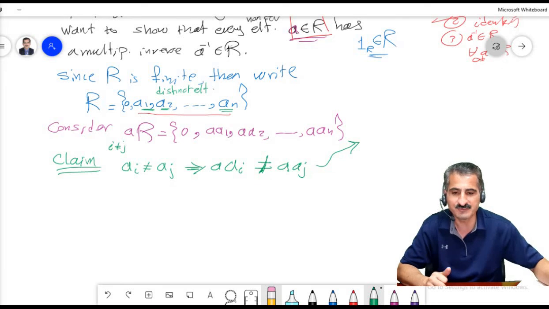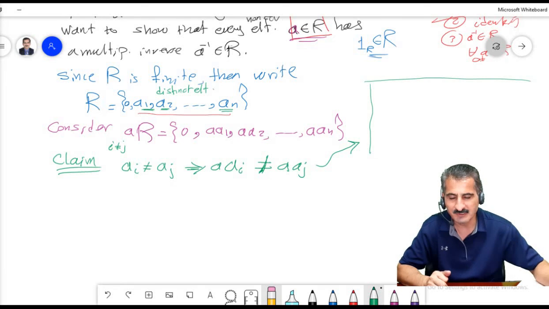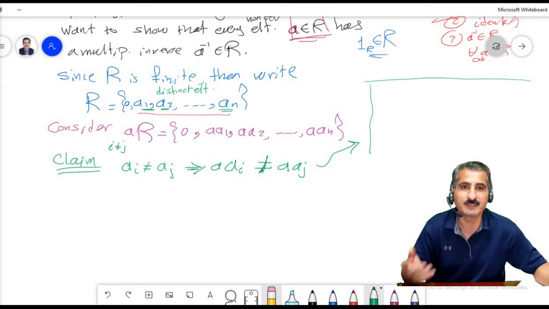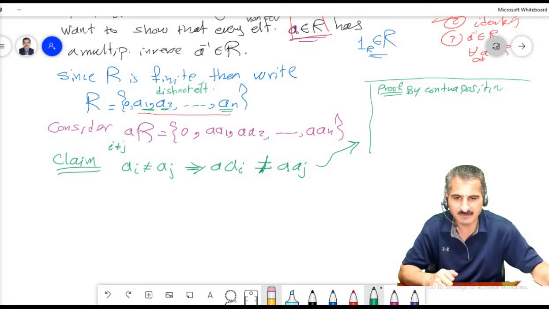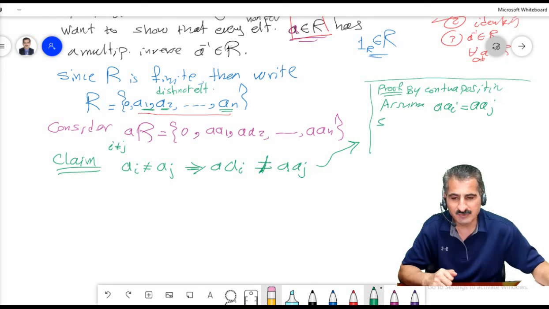So the proof is here. Assume not. We will do it by contrapositive. That is, assume A·A_i equals A·A_j. So A·A_i minus A·A_j equals 0.